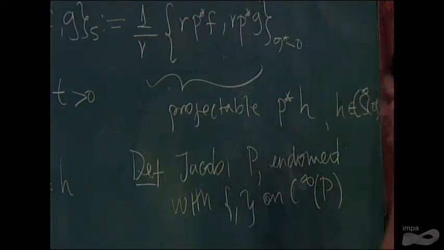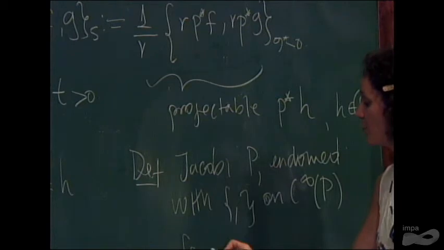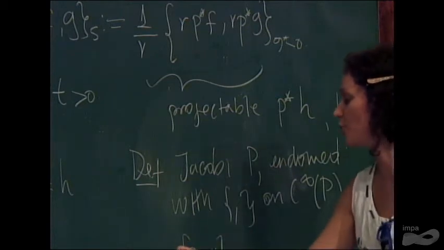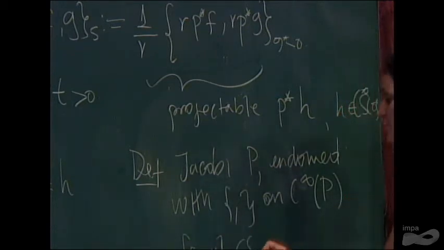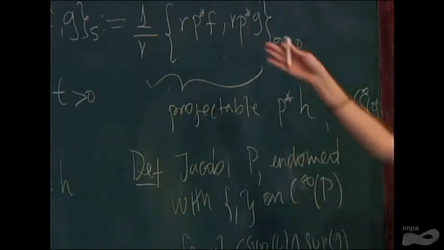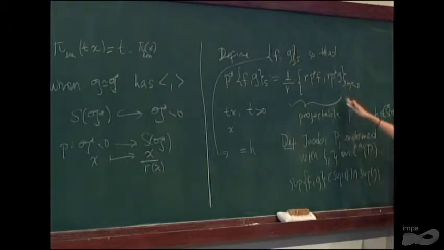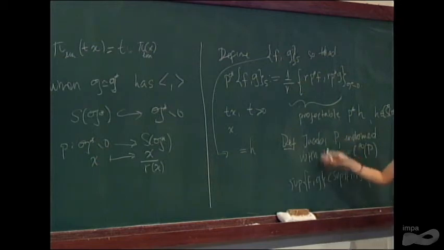Local in the sense that if you take the bracket of two functions, then the support of this bracket is inside of the support of F intersected with the support of G. From this example, if you take P as the sphere and this bracket defined as I did, this satisfies the condition of locality.